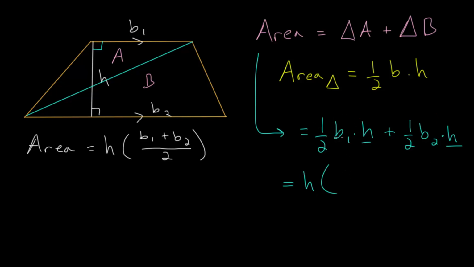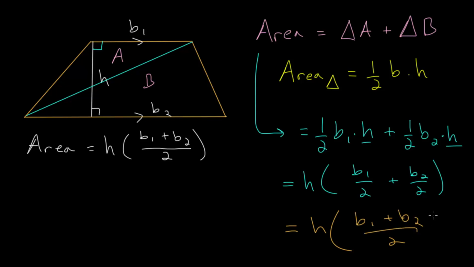So we get b1 over 2 plus b2 over 2. And from here, notice we have two fractions with a common denominator, so we can just add the numerators, giving b1 plus b2. And that is the formula we derived in the last video.